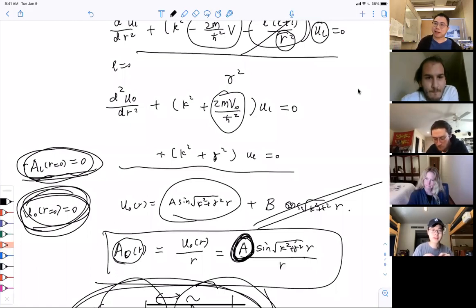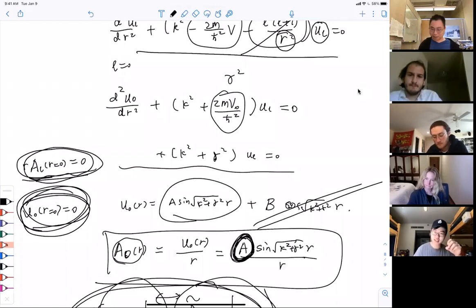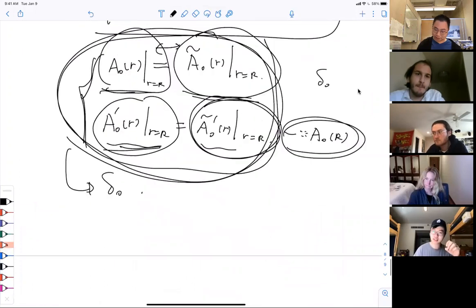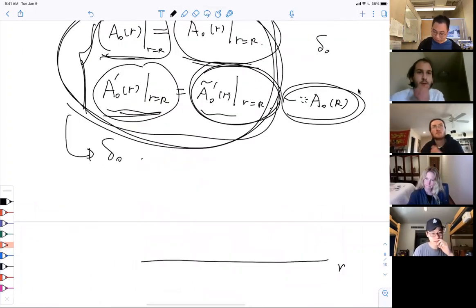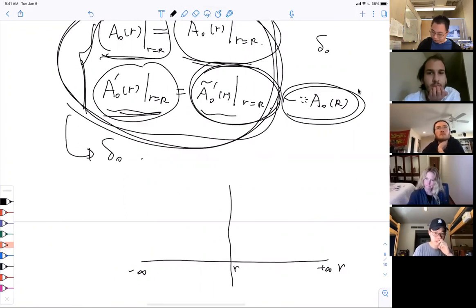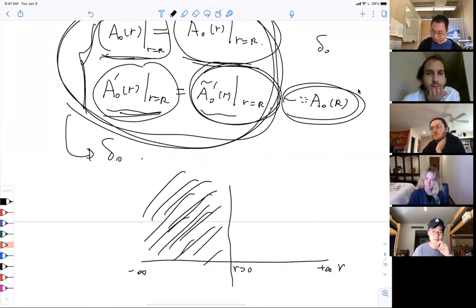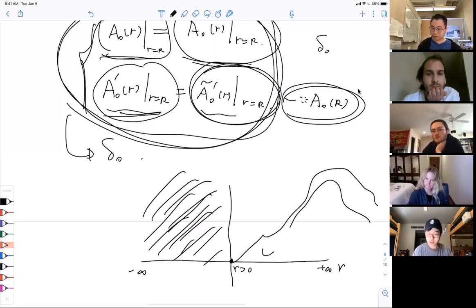You don't want any particle to flow into that unphysical regime. Yeah, that's a good way to understand this boundary condition. It's like r is from minus infinity to plus infinity. The only physical regime is r larger than 0, and you don't want any particle to stay in the unphysical regime. So the wave function must be 0 at this point.